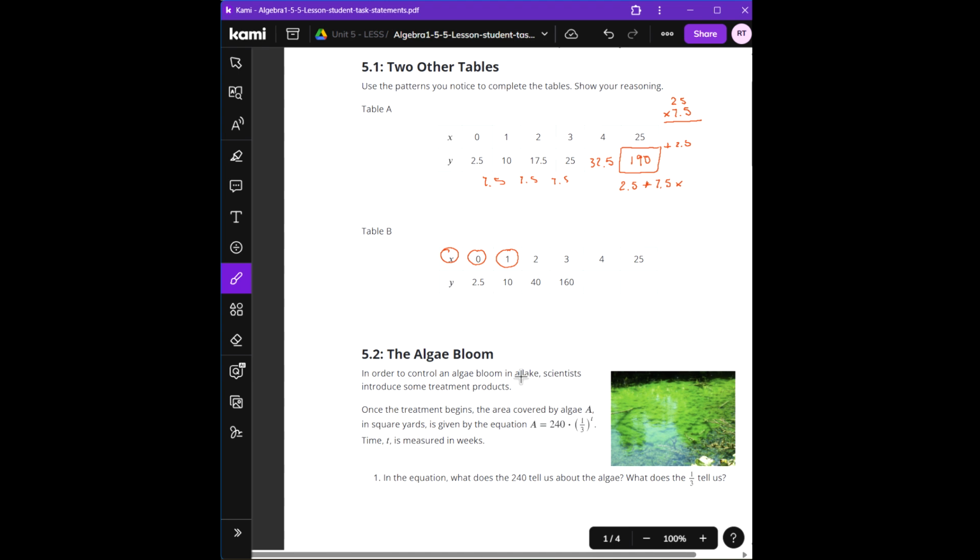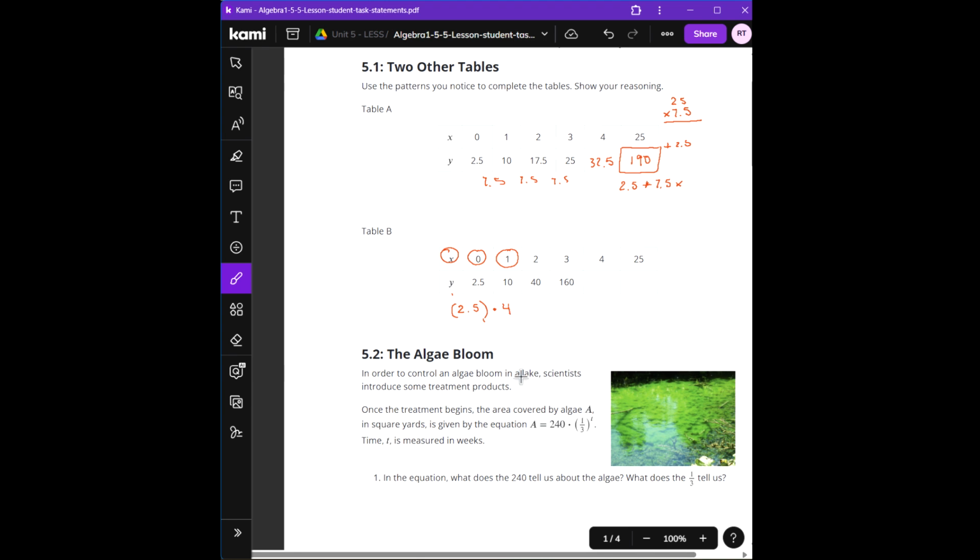All right, and so what we have is 2.5. Okay, that's where we're starting. And then we're going to have times, to get from 2.5 to 10, we're going to multiply by 4.